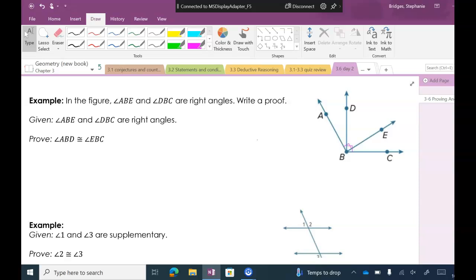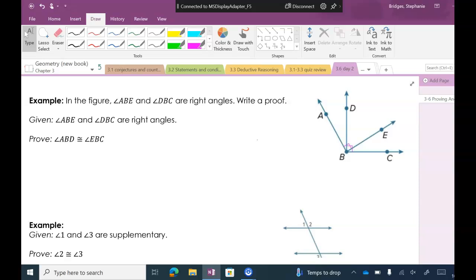The other one could possibly be transitive, but substitution would work here. All of that came from my first statement, from the fact that those two angles were right angles. But keeping in mind, we've got to be able to bring in ABD and EBC.